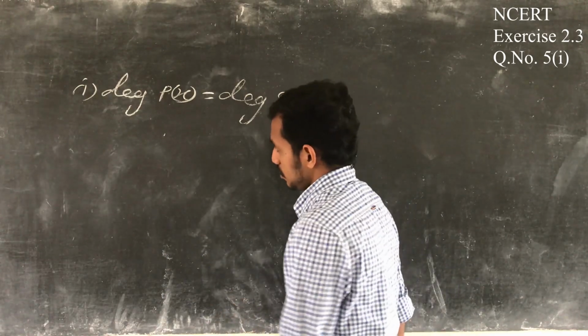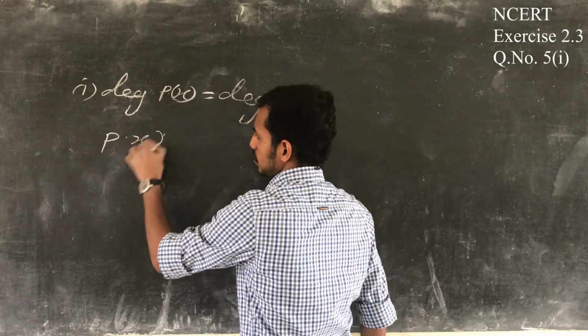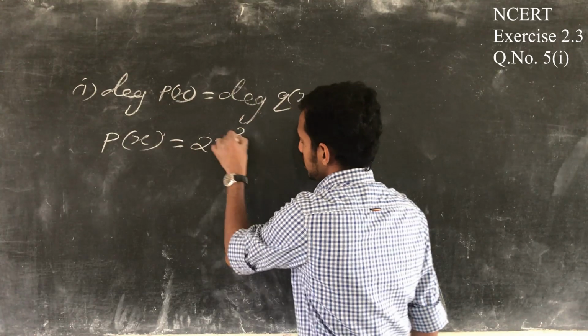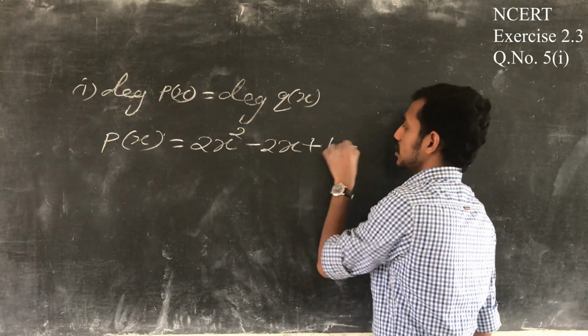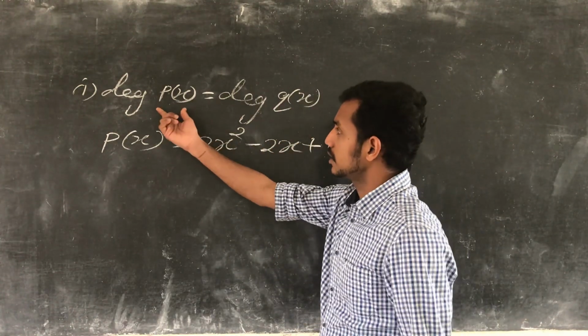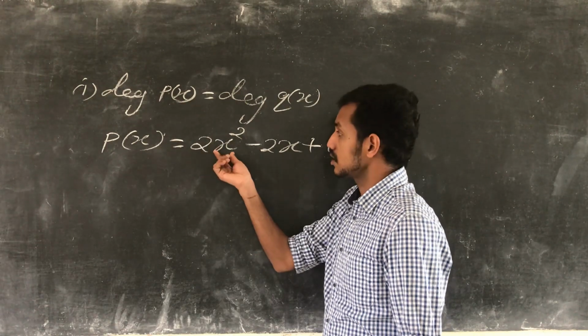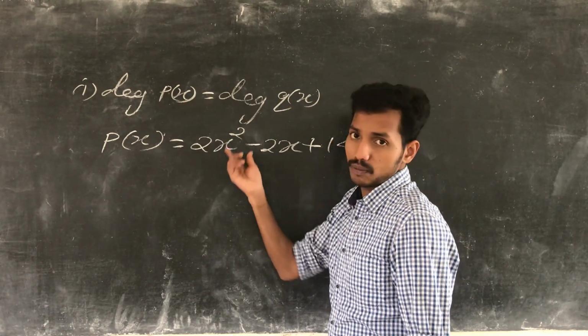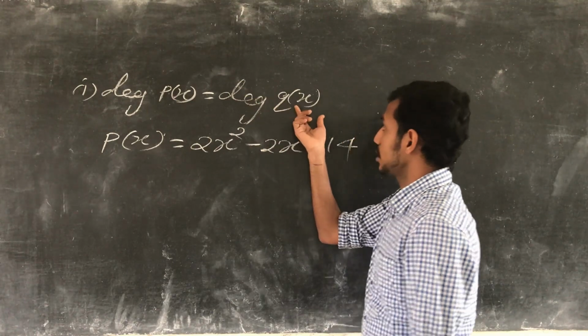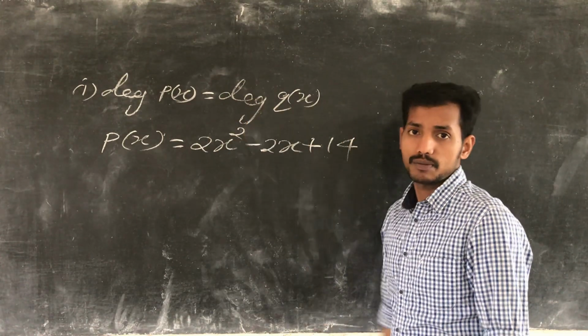Here I am taking one example. That p of x is equal to 2x square minus 2x plus 14. And we have to get it the degree of p of x is here, in this example, 2. So degree of q of x also should be 2.